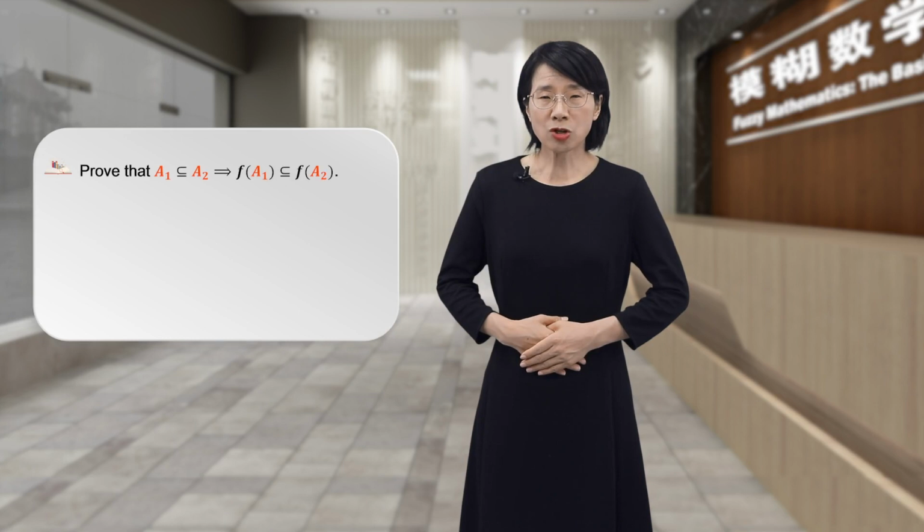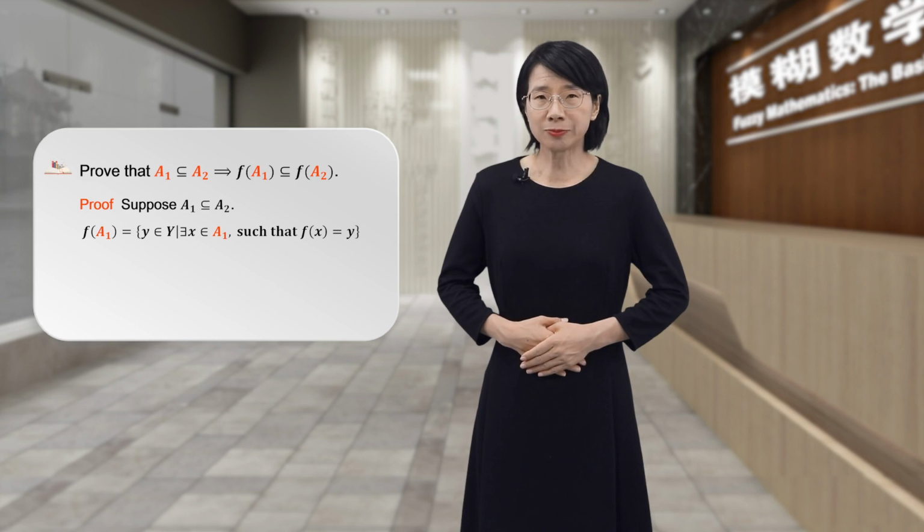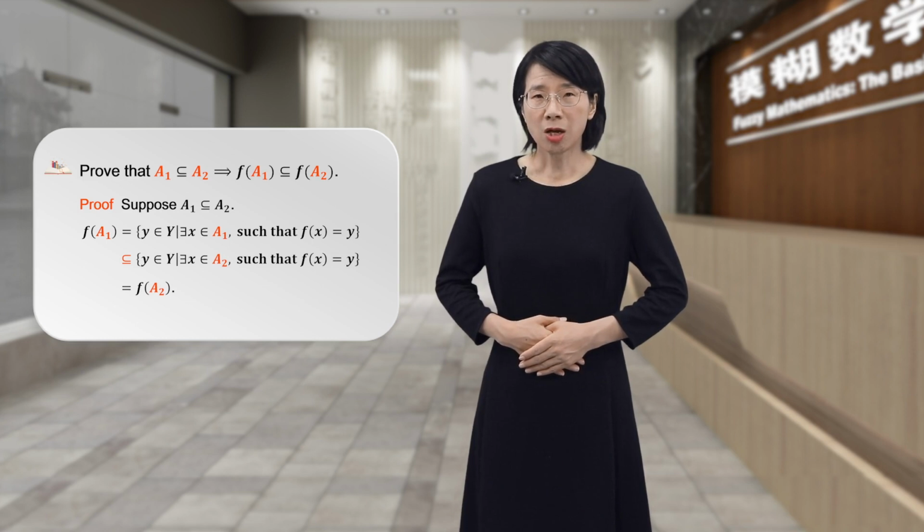We will prove the first statement. Suppose A1 is a subset of A2. f(A1) is the set of the images of the elements in A1, and f(A2) is the set of the images of the elements in A2. If A1 is a subset of A2, then it is easy to see that the image of A1 is a subset of the image of A2.